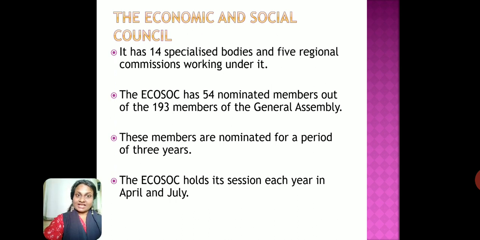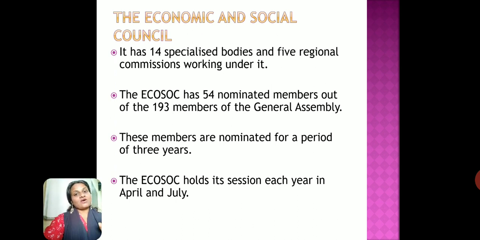They have different issues that need to be taken care of, and for this they have 14 different branches, and they have 5 regional commissions working under the ECOSOC to take care of all these matters.